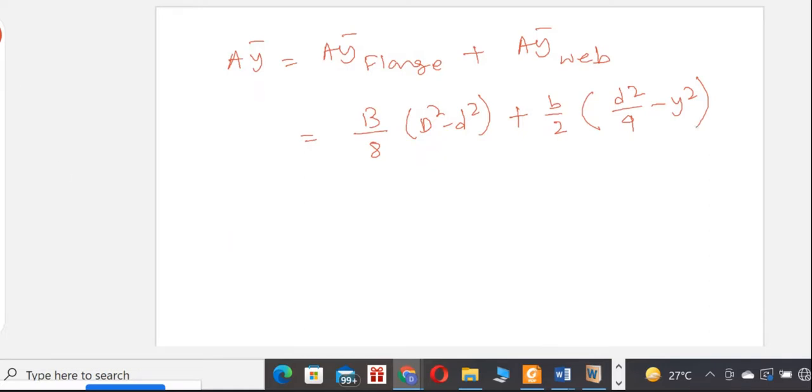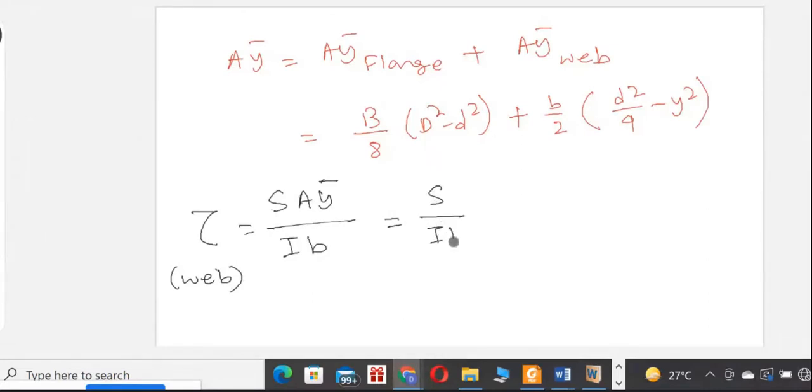So what will be the tau then? S A y bar by I b. Here we are talking about the web, shear stress in the web. Simply S by I b, just replace this one, b by 8 into capital D square minus small d square, and so on.